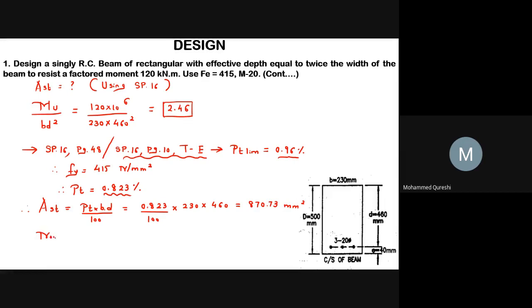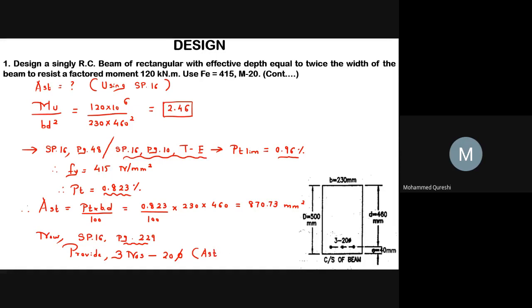Now, using SP16 page 229, you have to provide the number of bars as well as the diameter of the bars. So, from page number 229, you will get near about three bars of 20 diameter.